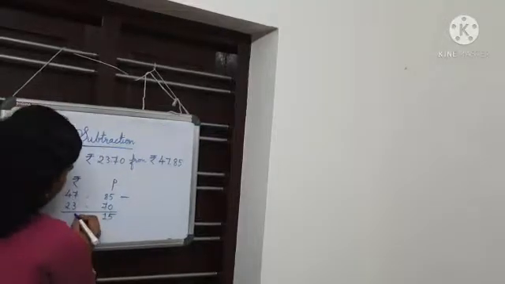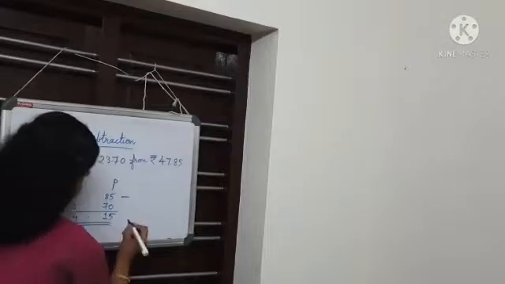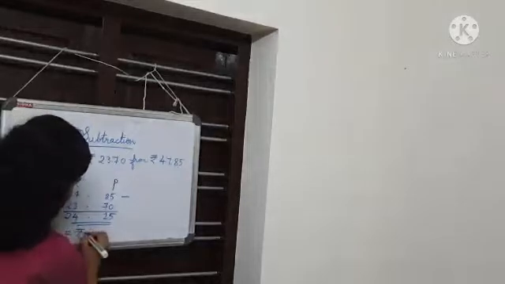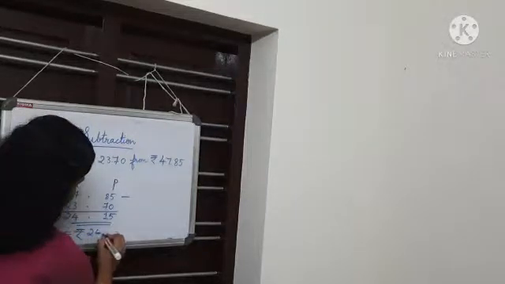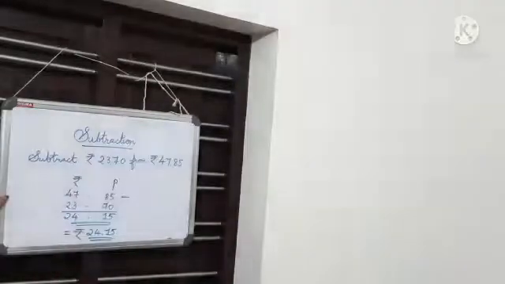We will put the decimal point. 7 minus 3 is 4. And 4 minus 2 is 2. So the answer is equal to rupees 24.15. Understood?